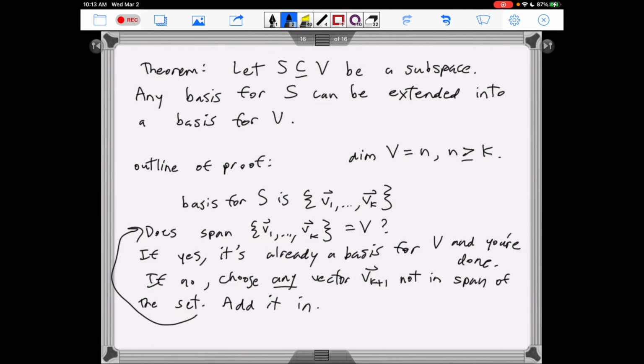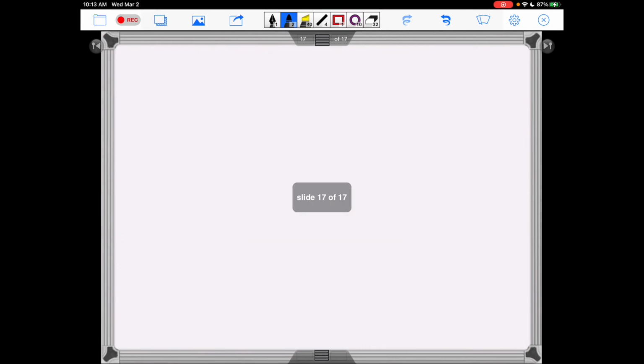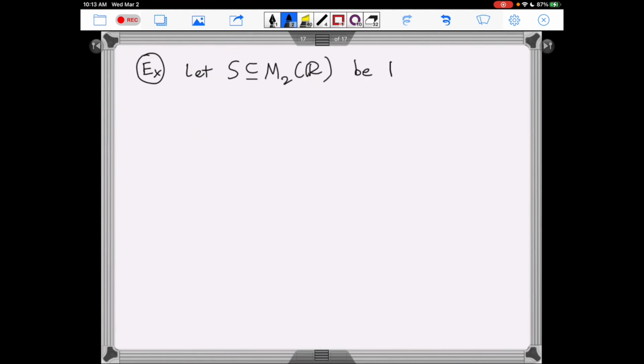So let's do one last example, which will be a fun one. We get to practice this idea. So example, let S be the subspace of symmetric 2x2 matrices.